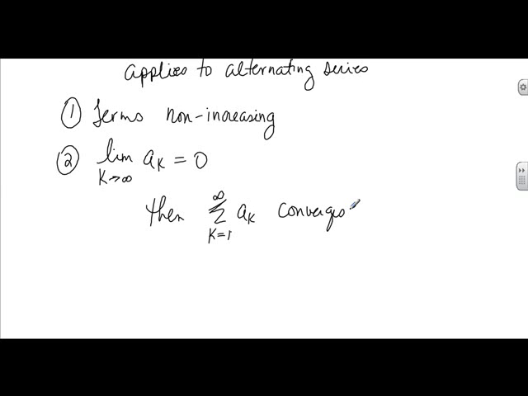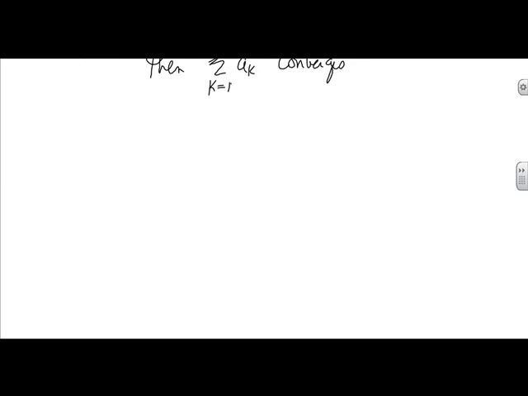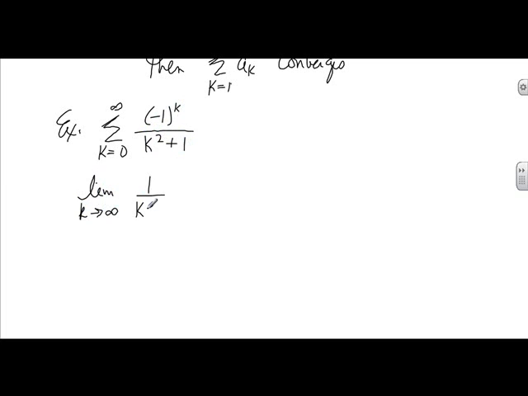So if we start with an example, maybe this one: the sum, if k starts at 0 and goes to infinity, of -1 to the k power over k squared plus 10. The first thing I suggest is to work the limit as k approaches infinity of 1 over k squared plus 10. You can see very quickly that that limit is going to go to 0.